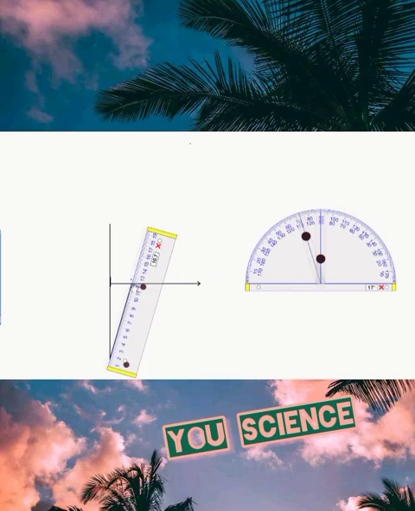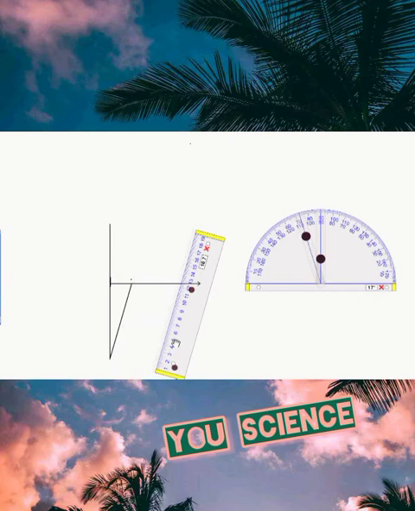Now remember that all of this represents their velocity. So this diagram is for the velocity. So this side represents 10 km per hour, and this side represents 10 km per hour.